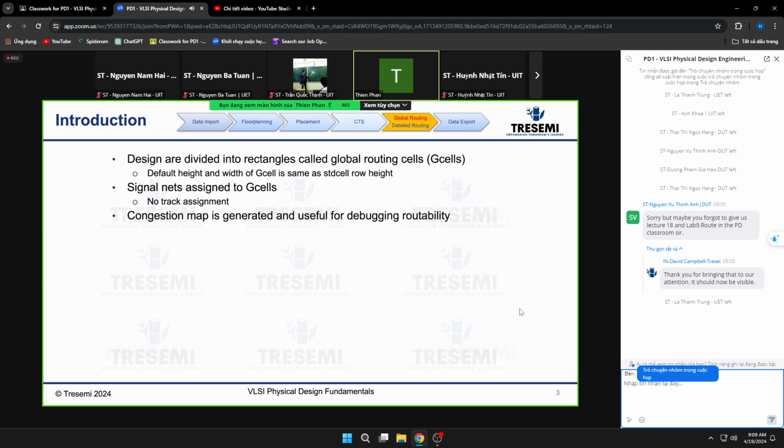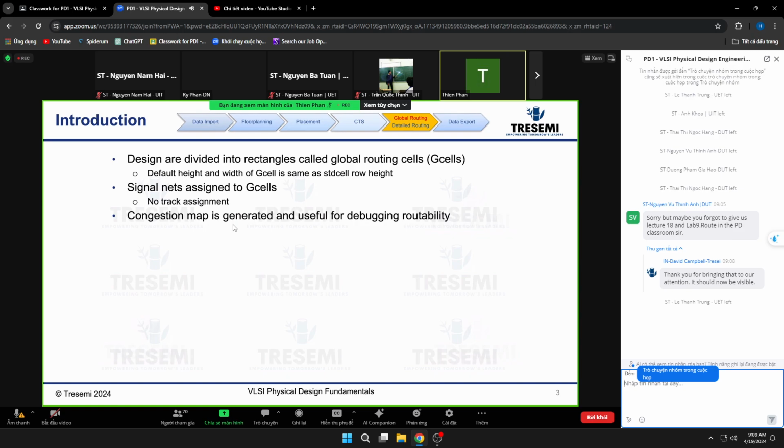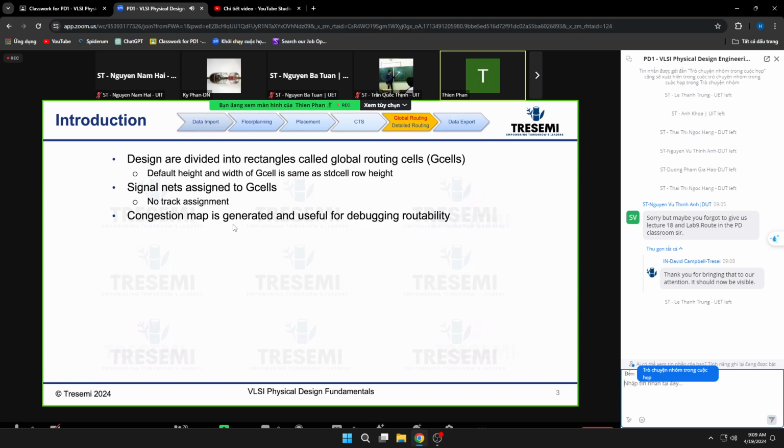You can actually change the G cell size, but usually you don't want to, because it just makes everything complicated. Just go with the default; how many tracks there are is already built in.